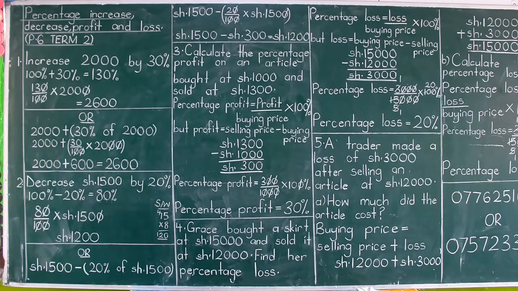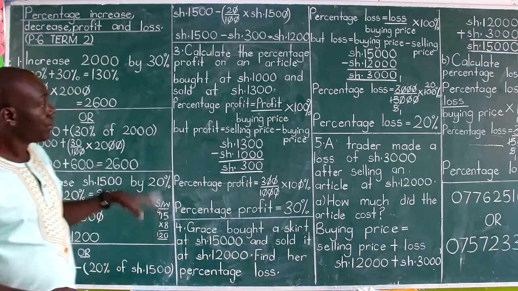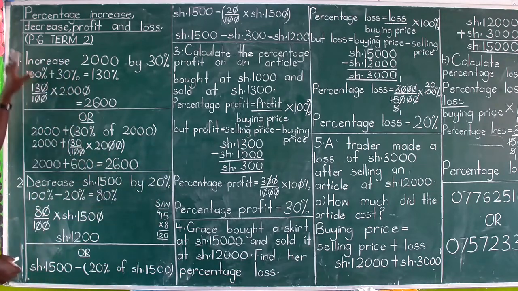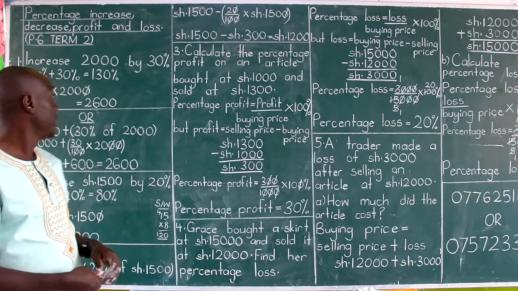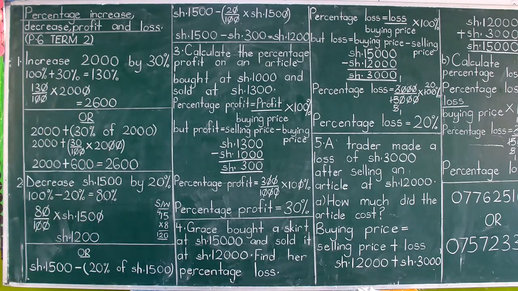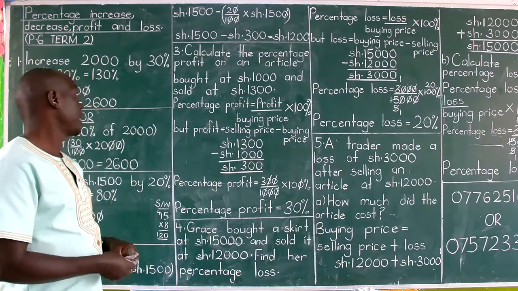So we are looking at examples of how one can deal with those four: percentage increase, decrease, profit and loss. Example number 1 reads: increase 2,000 by 30%.